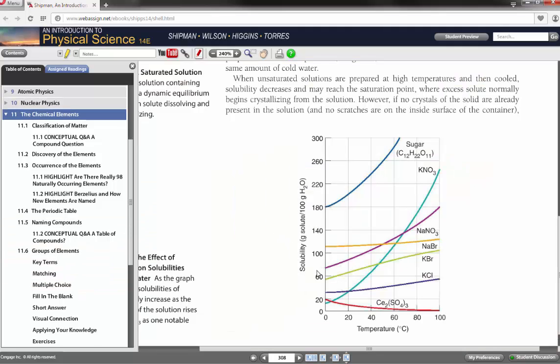And if you look at this chart, it lists solubility in grams solute per 100 grams of water as a function of temperature. So you'll notice that sugar is in fact one of the things that is on this chart. So part of this lab that you're doing is actually to duplicate this curve for sugar.